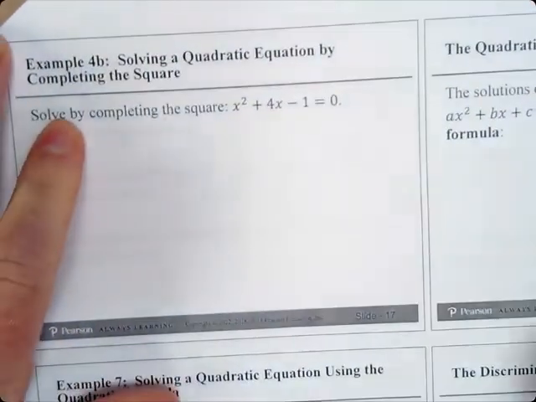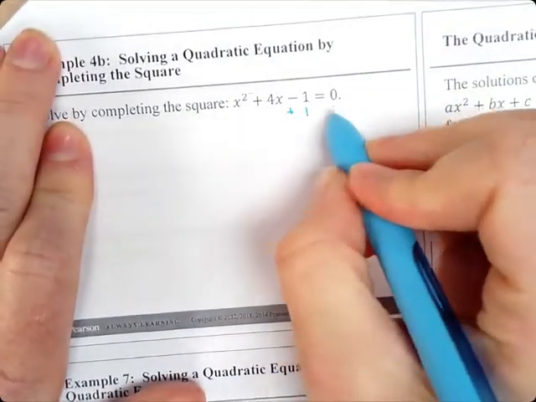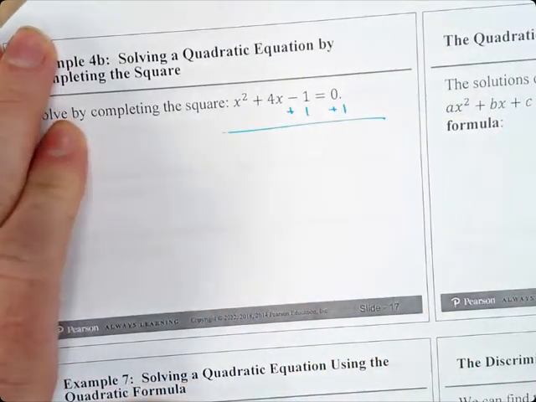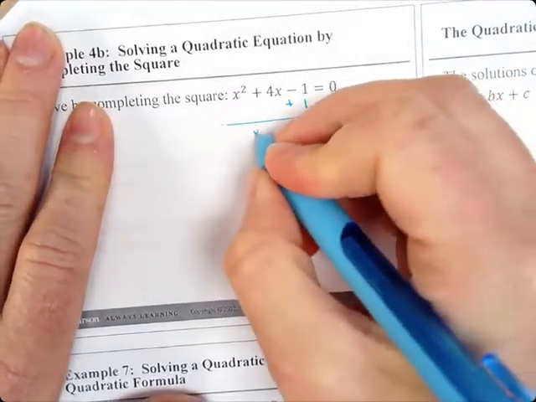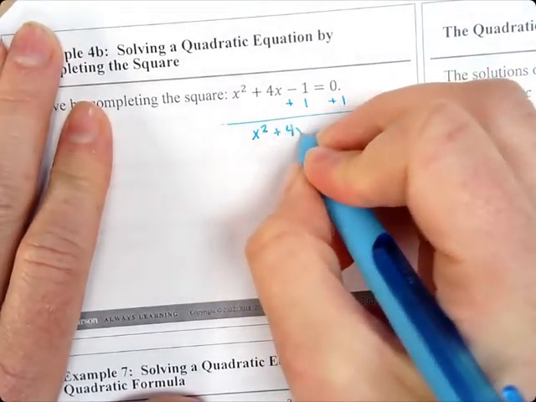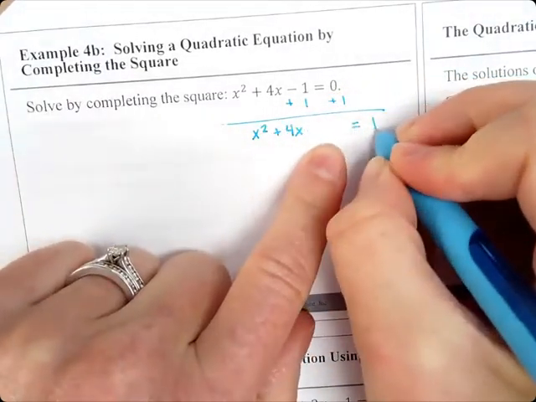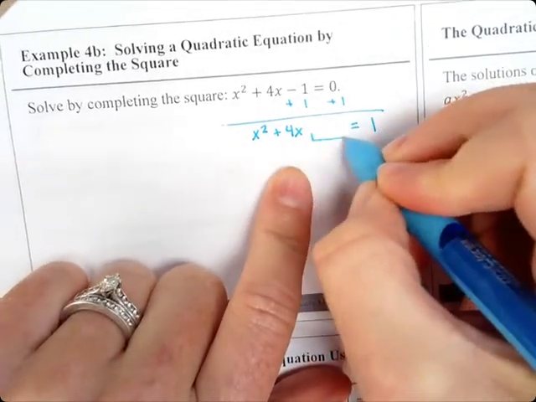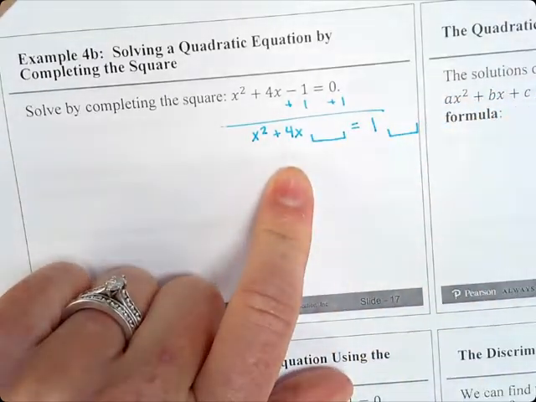Okay, let's go to example 4b. This is another completing the square. I'm going to go ahead and move this over to the other side. So we have x squared plus 4x, and I'm going to leave a blank and equals 1, because I need to know what I need to add to this, or to both sides, really.